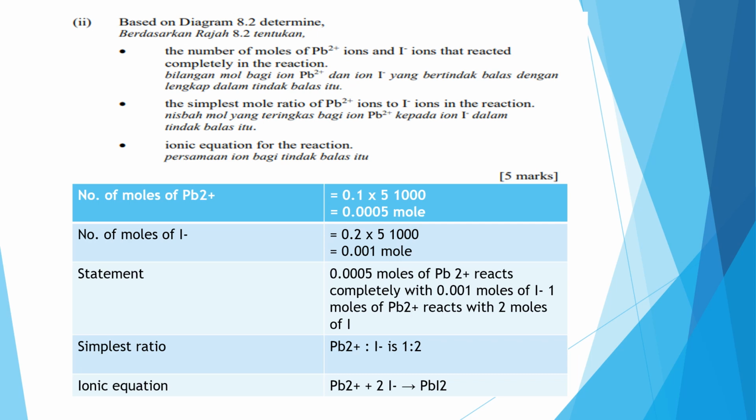For this question, we must state the statement, which is 0.0005 mole of lead-2 ions reacts completely with 0.001 mole of iodide ions. So from these moles, we can get the ratio, which is 1 mole of lead-2 ions reacts with 2 moles of iodide ions.